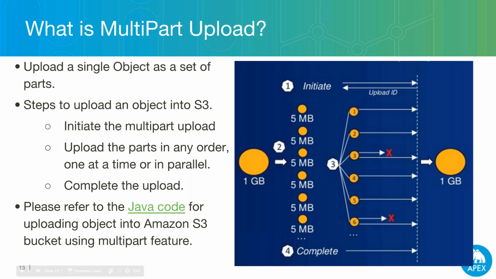Once all the parts are uploaded, finally we can complete the upload using the same upload ID and the parts. By uploading these parts, S3 first returns the ETags. Those ETags we need to pass to the final upload.